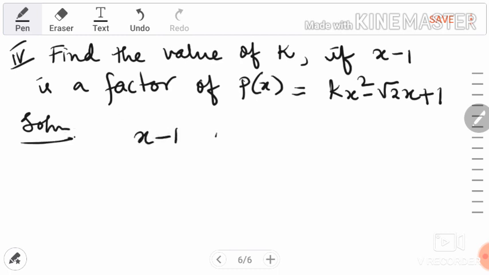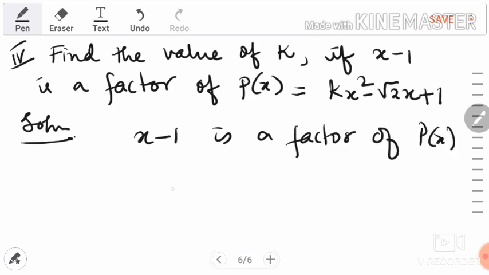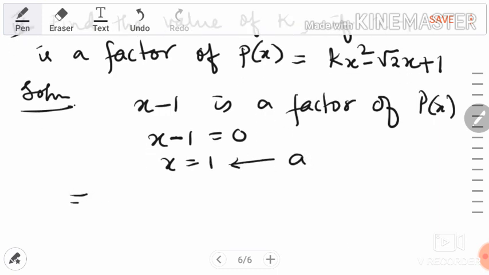So x minus 1 is a factor of p of x. This is given. Equating x minus 1 to 0, we get x equal to 1. This is the value of a. So this implies that the value of polynomial at a, that is 1, should be equal to 0.